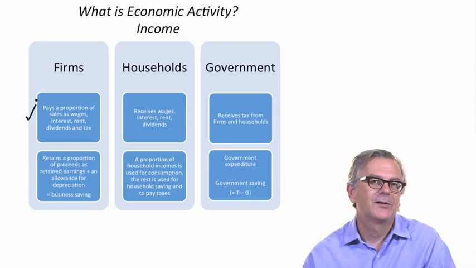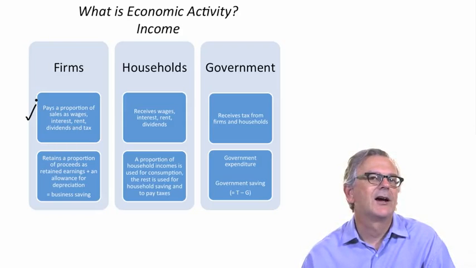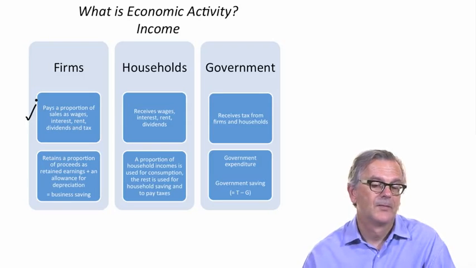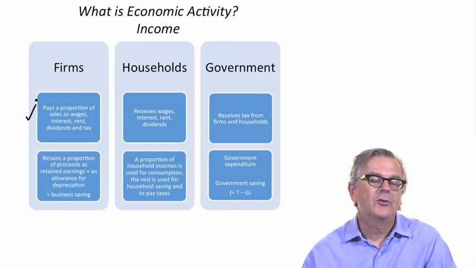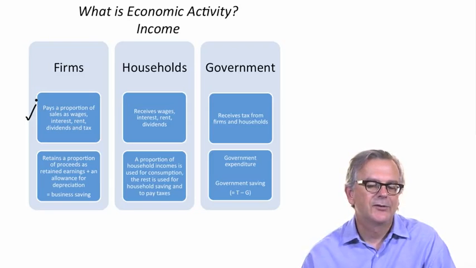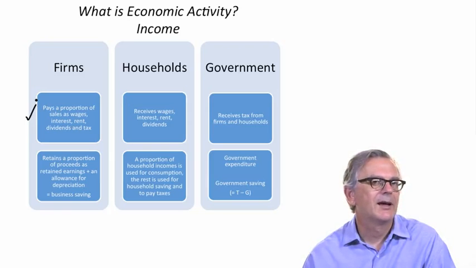What happens to the rest? The rest gets classified as either retained earnings, so these are sales receipts that the firm holds on to, but firms also hold on to some funds as an allowance for what is known as depreciation. Now, depreciation refers to the fact that plant and equipment wear out through time and need to be replaced.